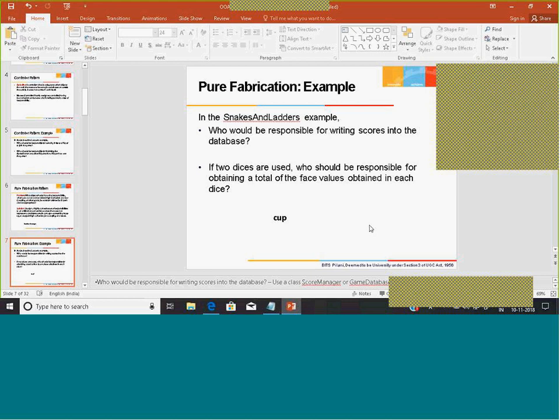So instead of rolling the dices, now the players will interact with the cup only. They will invoke a method, say roll cup, or a method to get the face value from the cup. Internally, the cup is the one which will be responsible for rolling the two dice and returning a value to the user.